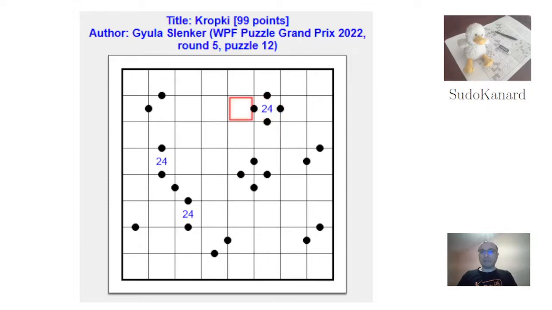And an interesting point is that when you have 2 digits separated by a black dot, it can be 1, 2, 2, 4, 3, 6, or 4, 8. But as soon as you know that 2 and 4 must appear somewhere here, you can rule out all 3 options for this.